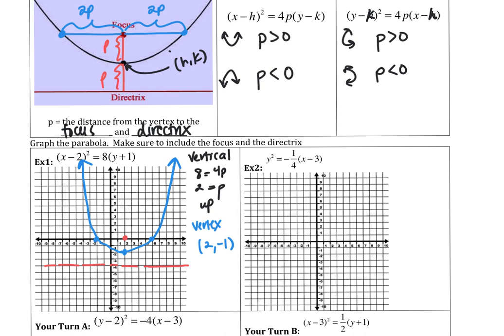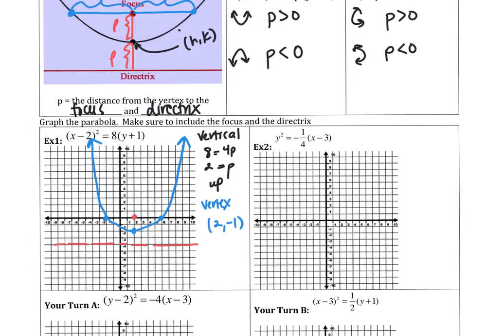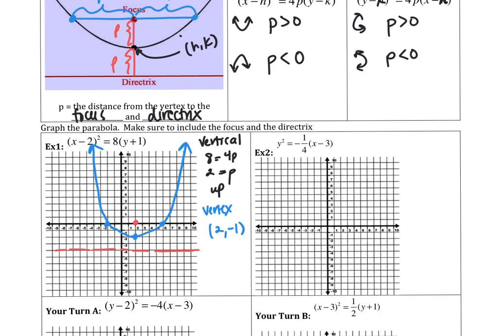Let's look at the next practice problem that we have here. All right, in this one, I notice that the y term is being squared here. So that tells me that this is a horizontal facing parabola. Okay, let's find out what p is. I notice that this value in front is -1/4.